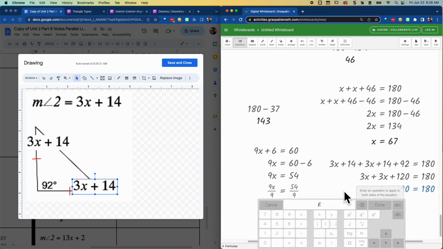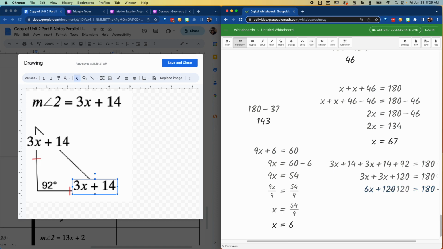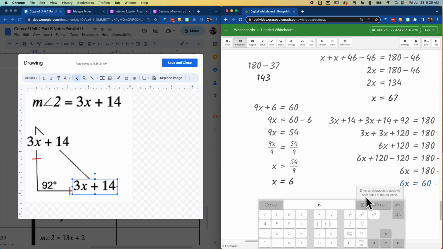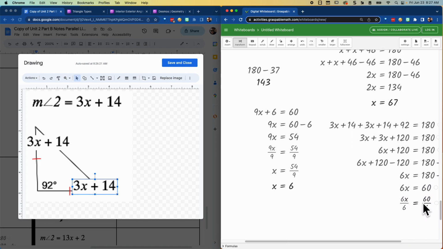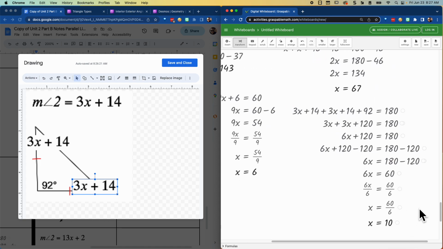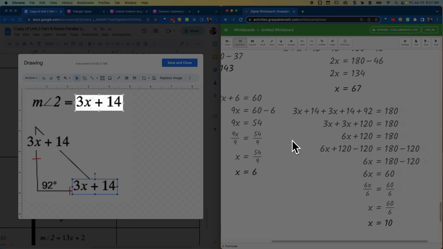Now I could subtract 120 from both sides, and I get, in the end, if I divide by 6, x equals 10.